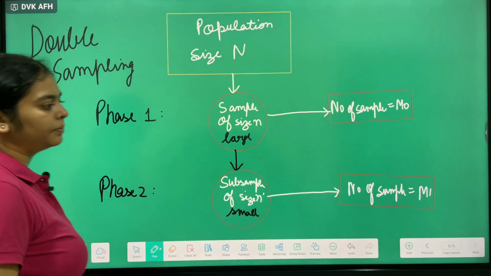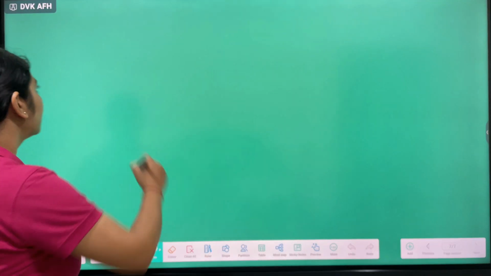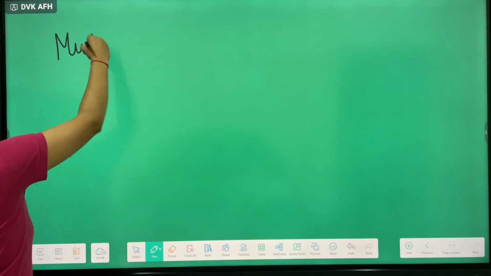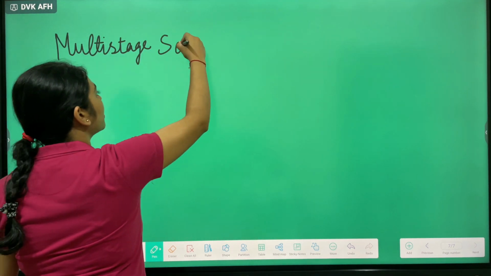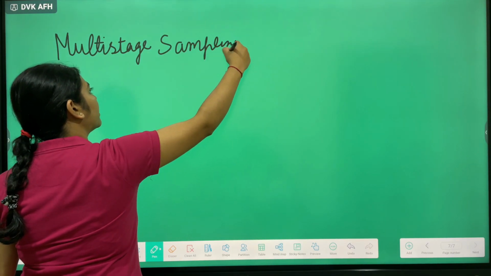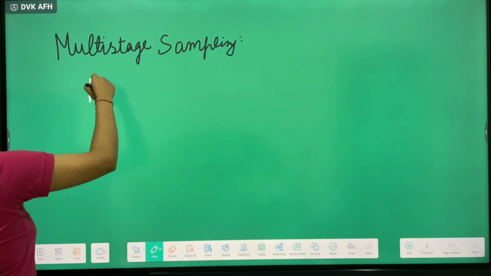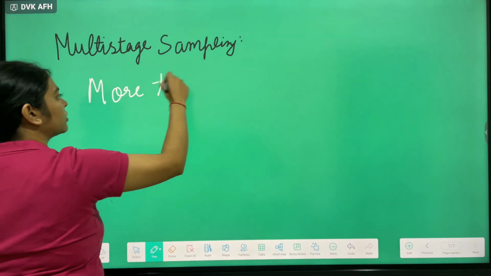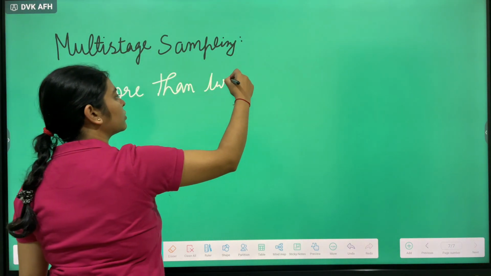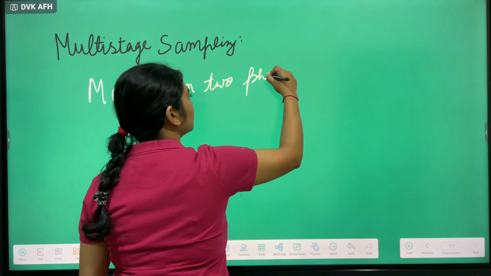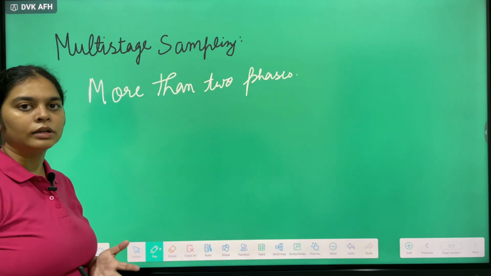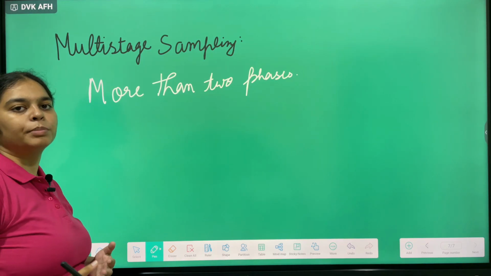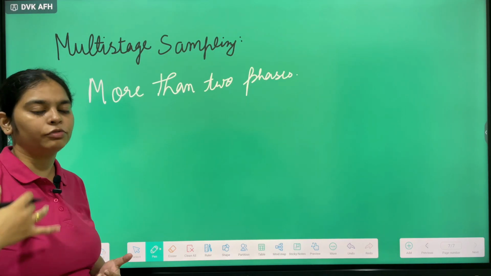Now, like double sampling, in which we have only two phases, we can also have multi-stage sampling. In multi-stage sampling, there are more than two phases. Suppose we are checking the income of people, and we have to take the sample of whole of India.